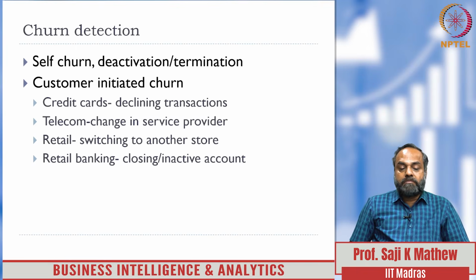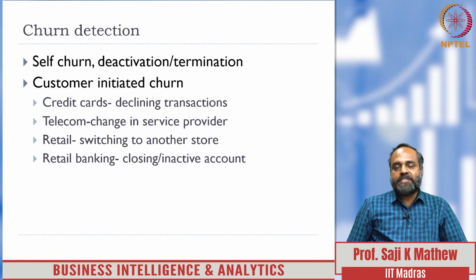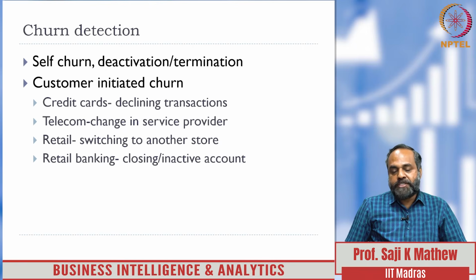Now churn detection. As I said, churn is something that you need to detect from the customer transaction data, and as I already said, it could be self churn versus deactivation or termination by the company.